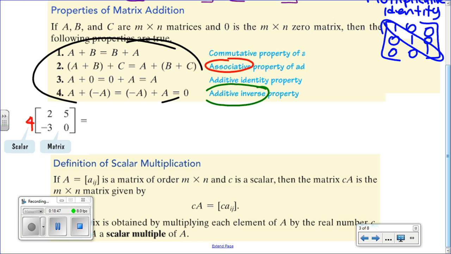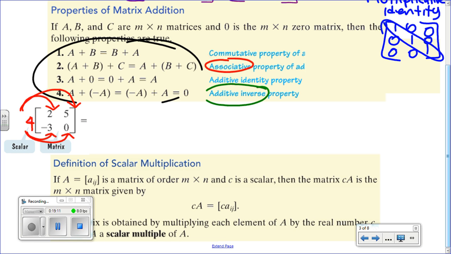So what you're going to do is distribute that number. Think of it as a number outside the parentheses. You distribute that number to everything inside the parentheses. Well, not really, because this is only one number. Think more like distribution.